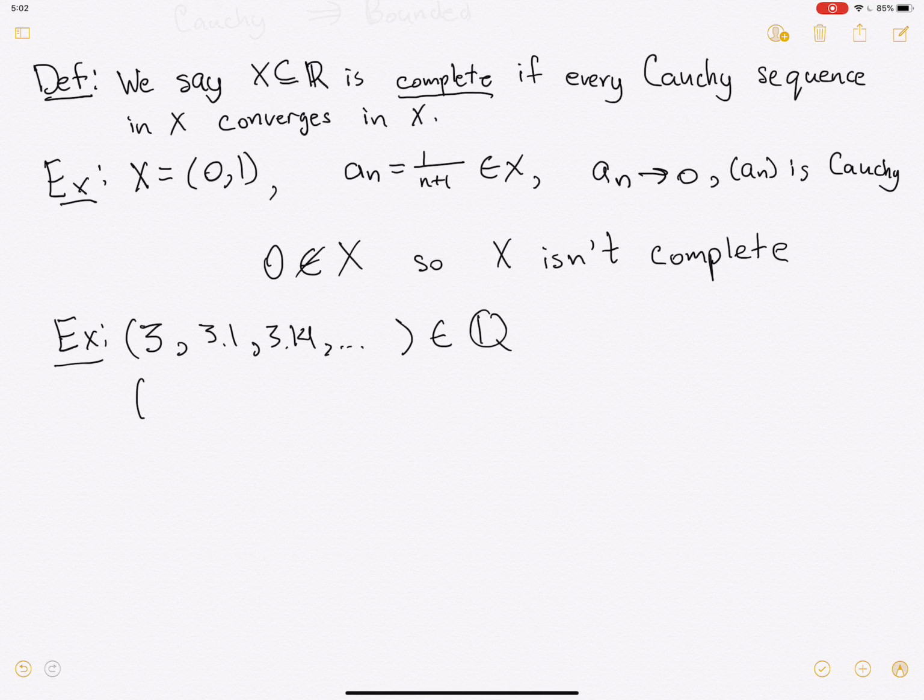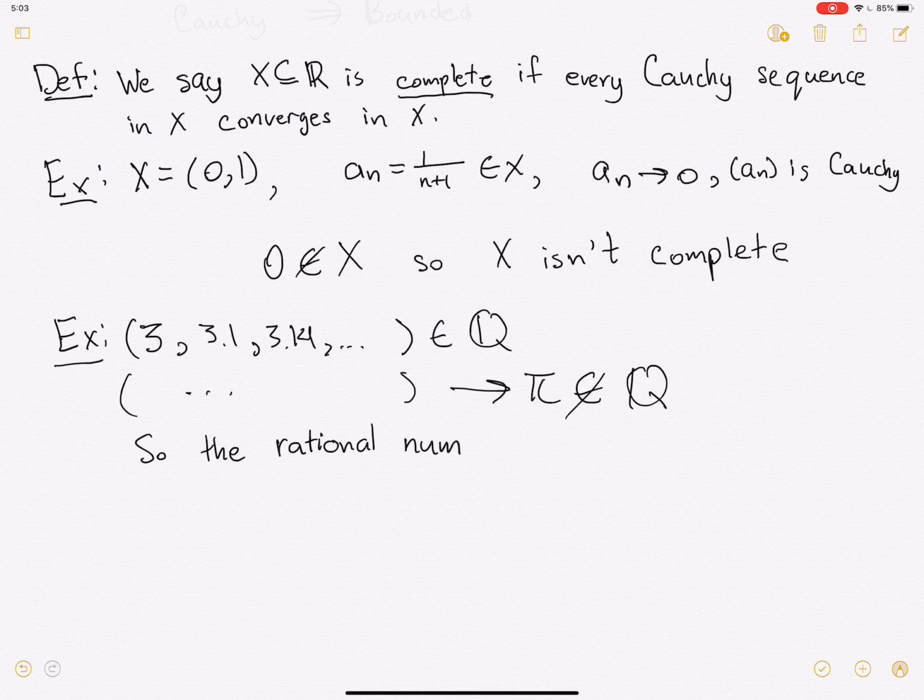So let's just write it like the same thing above, goes to pi, and that's not in there, so the rational numbers aren't complete.